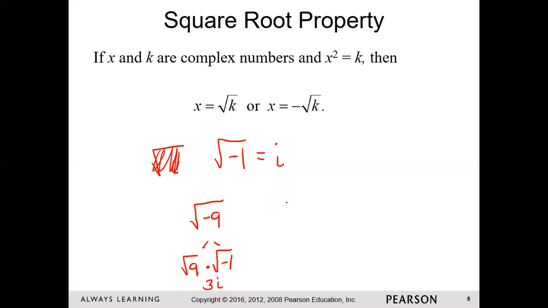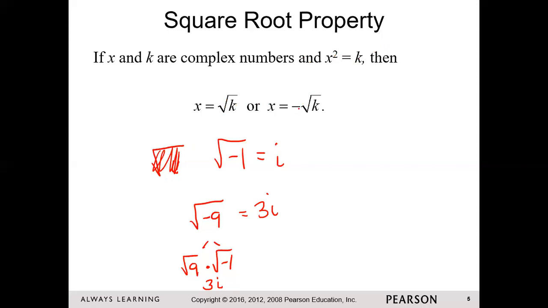So the result here of taking the square root of -9 is now going to be 3i. Okay, so this is going to be an important thing for us to recognize, and this is telling us here that if you have some equation that is squared, when you take the square root of both sides, you are getting both the positive and negative version of that result.